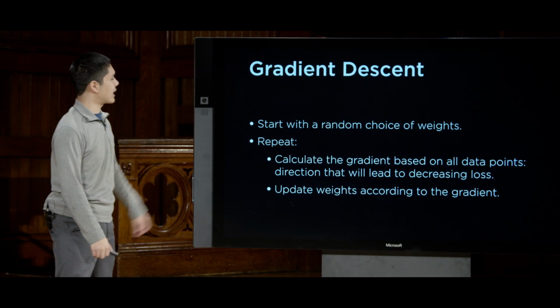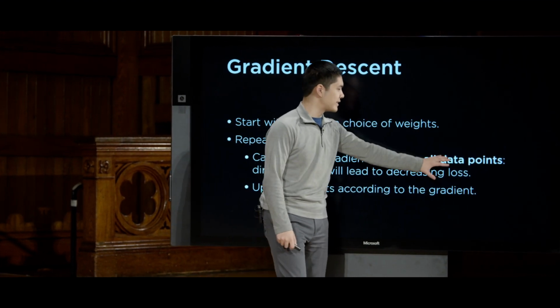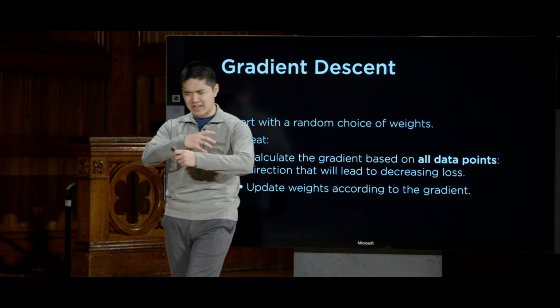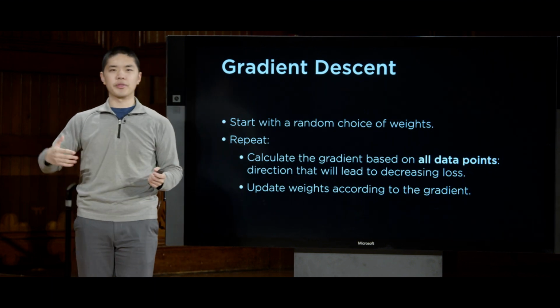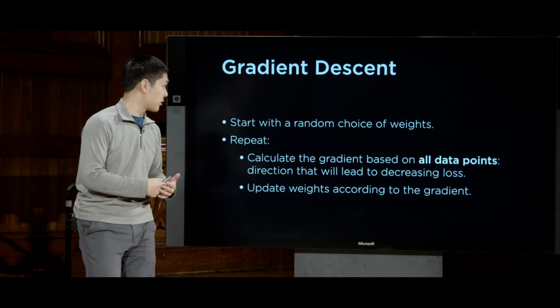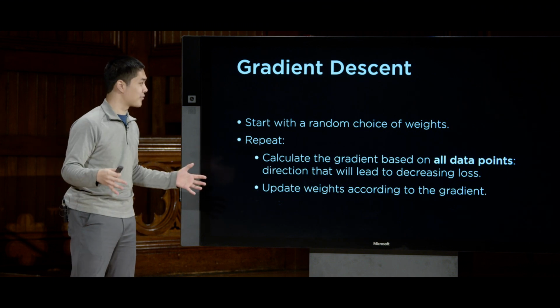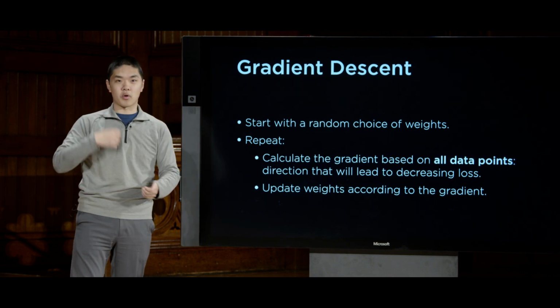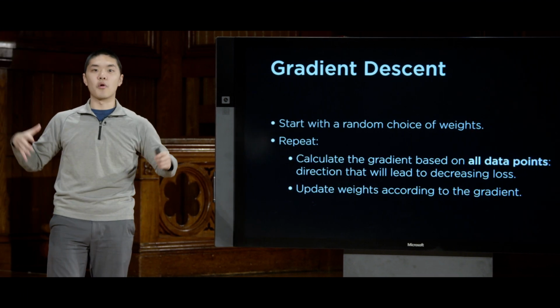In particular, in the case of gradient descent, the really expensive part is this all data points part right here. Having to take all of the data points and, using all of those data points, figure out what the gradient is at this particular setting of all of the weights. Because odds are, in a big machine learning problem where you're trying to solve a big problem with a lot of data, you have a lot of data points to calculate. Figuring out the gradient based on all of those data points is going to be expensive.